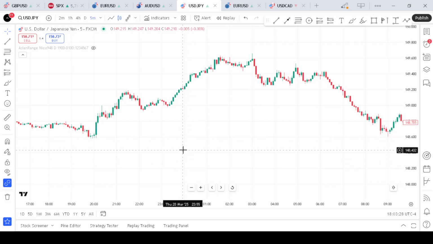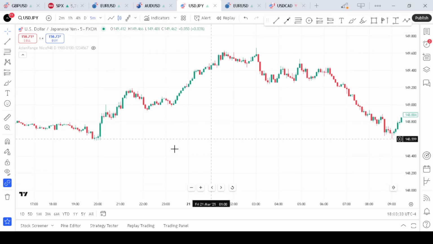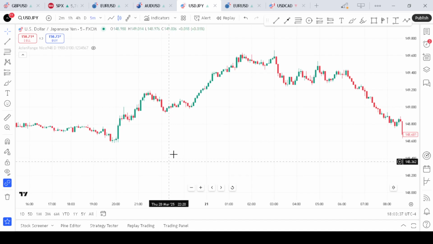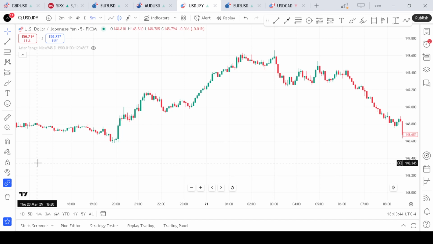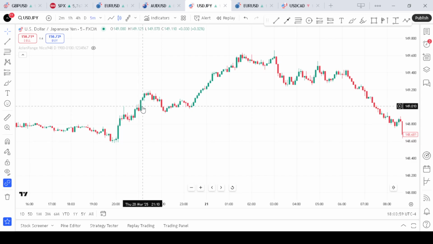So what are the ICT Asian kill zones? Now, it is a specific time window in the forex market that occurs during the opening of the Asian trading session, particularly the Tokyo market. This is typically the period from 7 p.m. to 11 p.m. in the market.